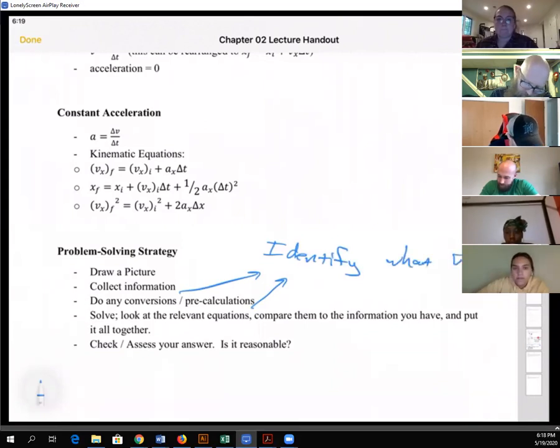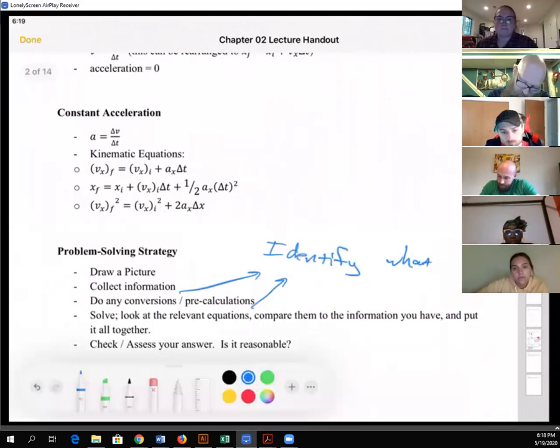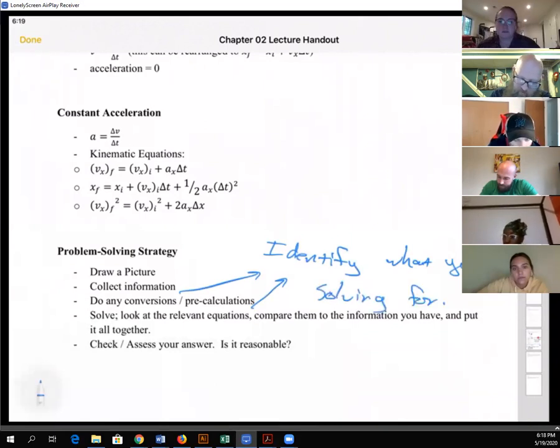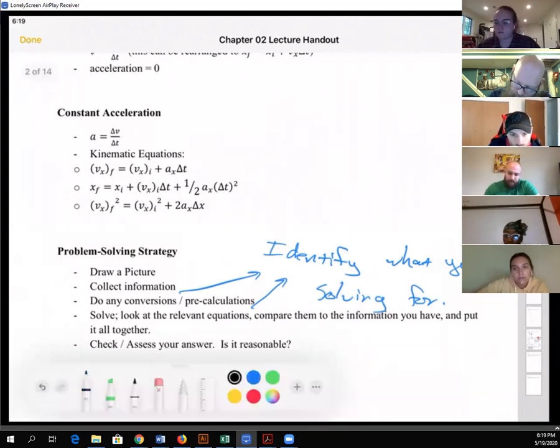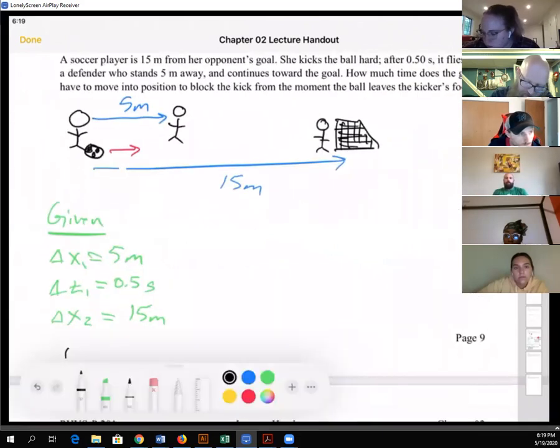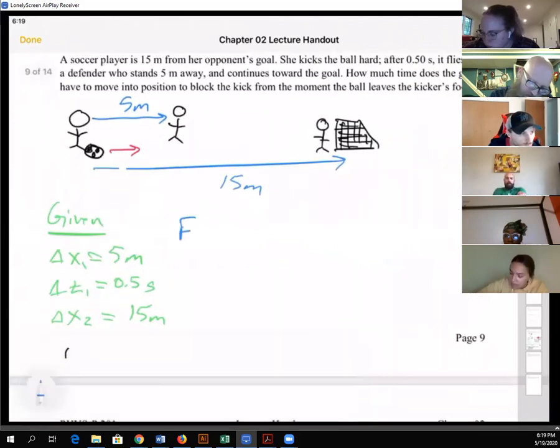That's important, because that's going to guide us. So find delta t2.